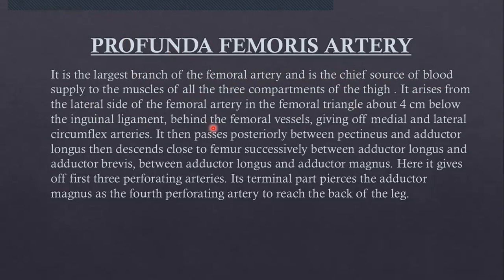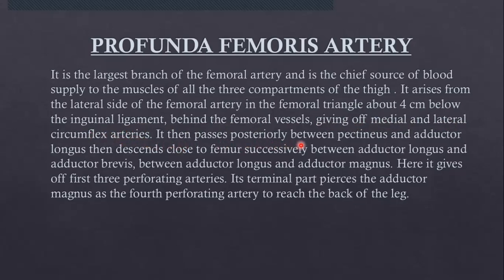It usually arises from the lateral side of the common femoral artery in the femoral triangle, about 4 centimeters below the inguinal ligament, then behind the femoral vessels, giving off the medial and lateral circumflex femoral arteries.